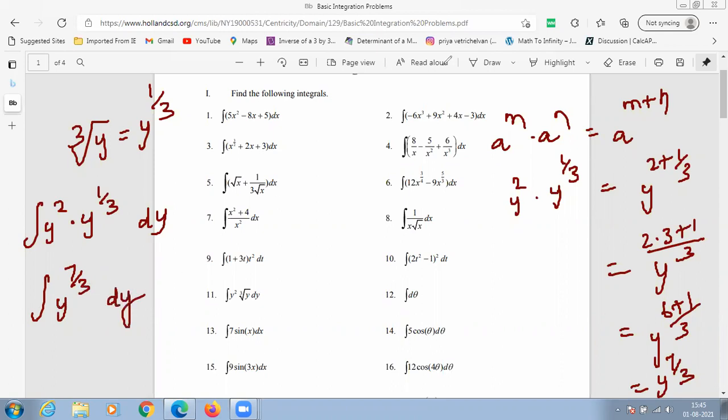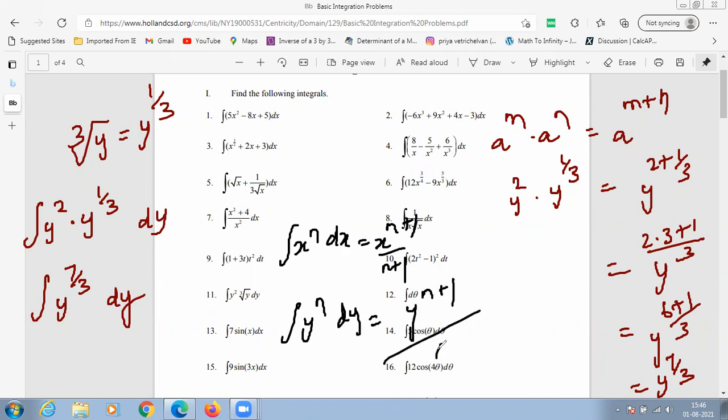So we'll be using the power rule now. So integral x power n dx can be written as x power n plus 1 upon n plus 1. So integral y power n, the same applies to any variable, right? So y power n dy can be written as y power n plus 1 upon n plus 1. So it's going to be y power 7 by 3 plus 1 upon 7 by 3 plus 1. So now you can simplify this.